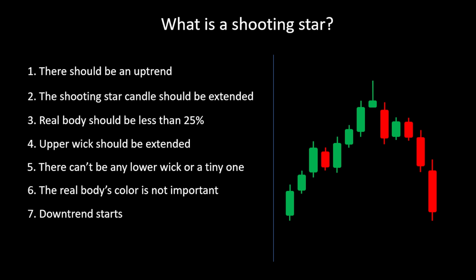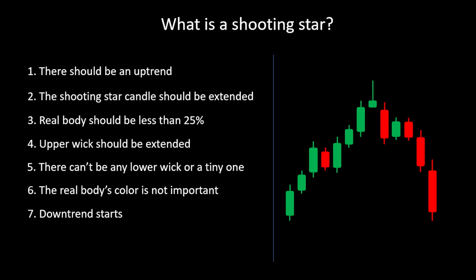Alright, let's first start with shooting star pattern. For shooting star pattern, first we should have an uptrend. And after that, the shooting star candle should be extended at the end of this uptrend. The real body should be less than 25% of the candle size.